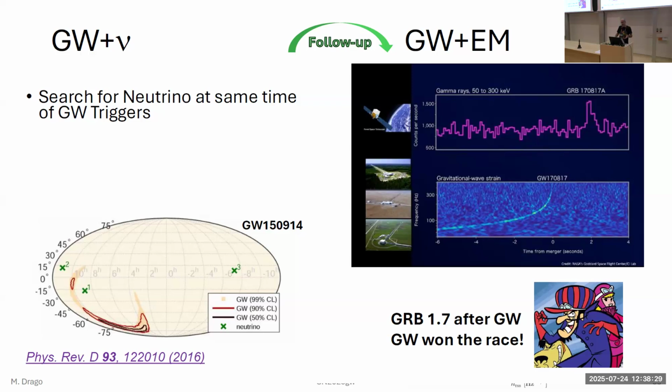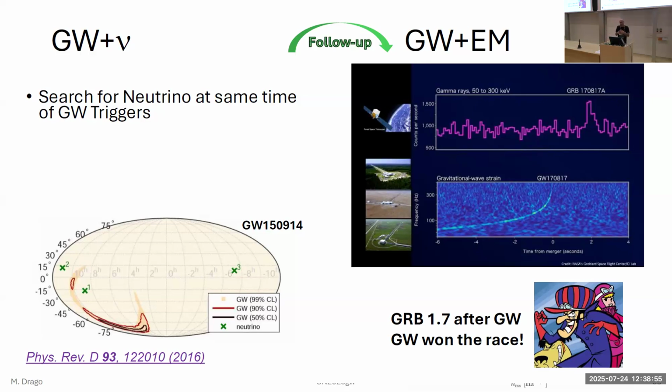So the idea was similar to the one later: if you have the same time and more or less the same direction, what is the probability that it is the same signal? You can just make a statistical calculation on that, and the result gives you a probability. In this case, the probability was not enough to make a detection.